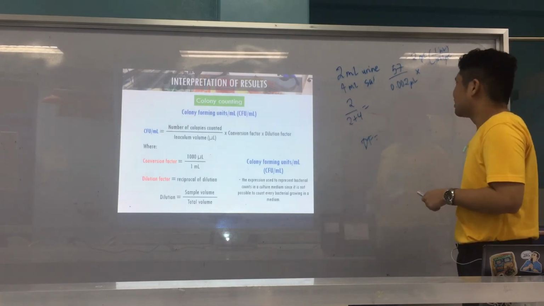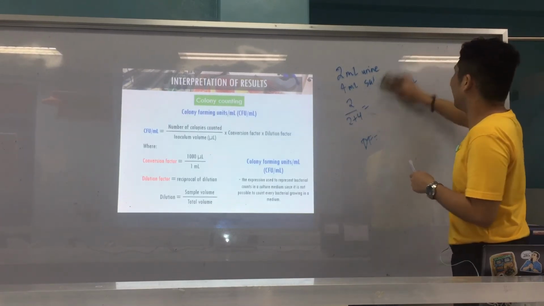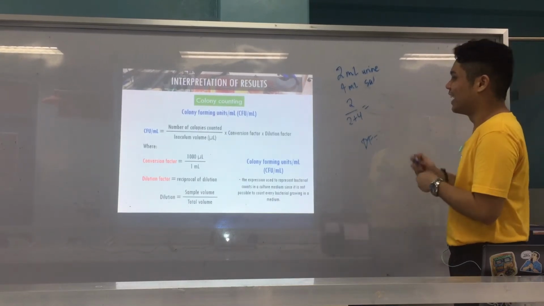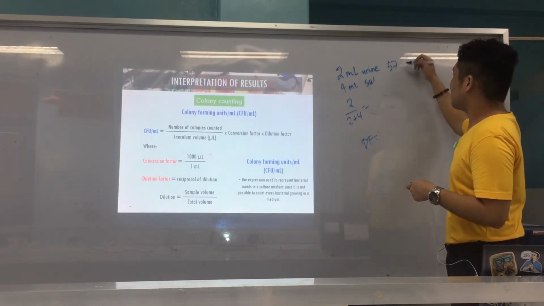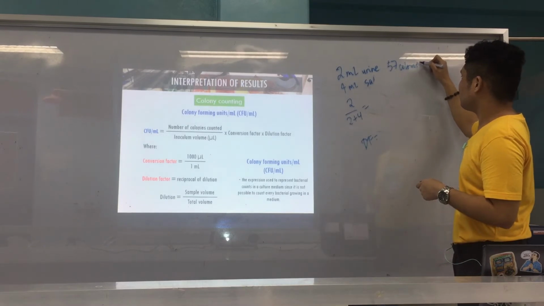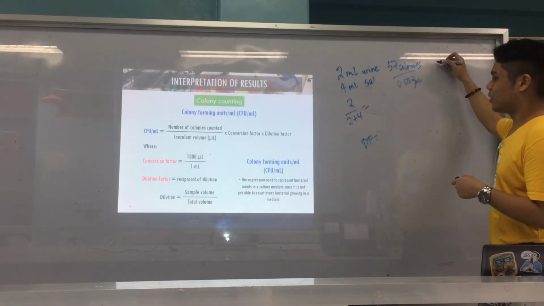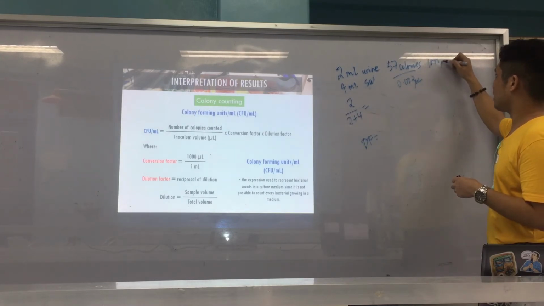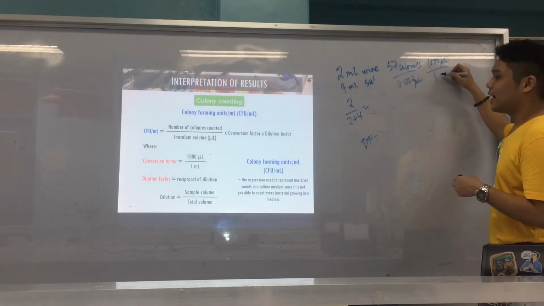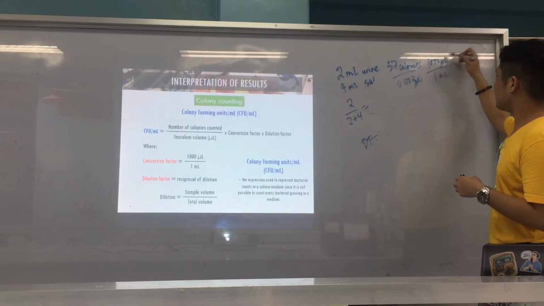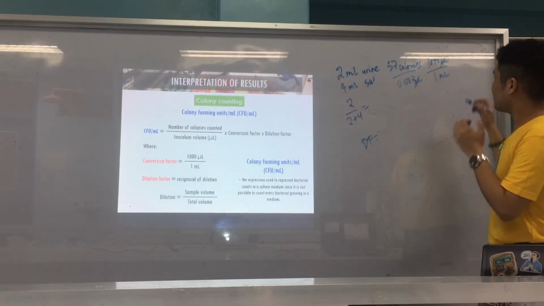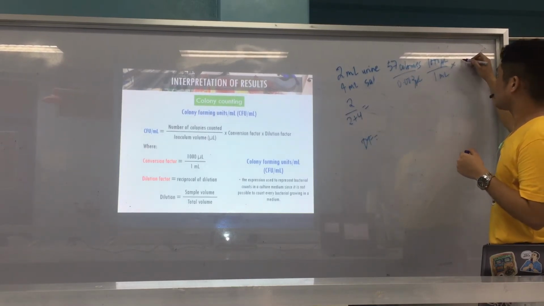Actually, it's the same. So 57 colonies over 0.002 UL. Then the conversion 1,000 UL over 1 ml, so it cancels. Then times the dilution factor of 3.